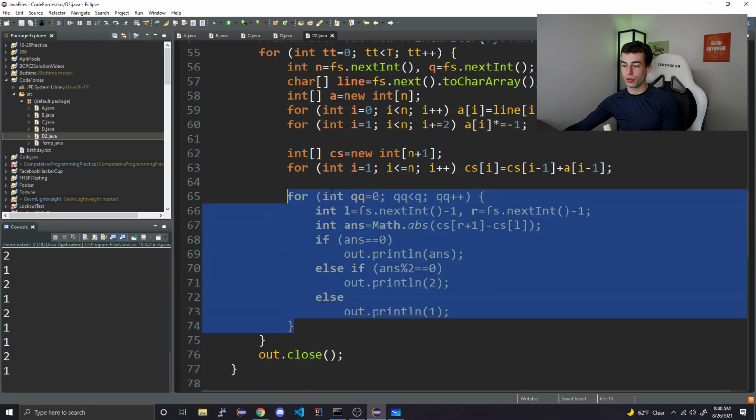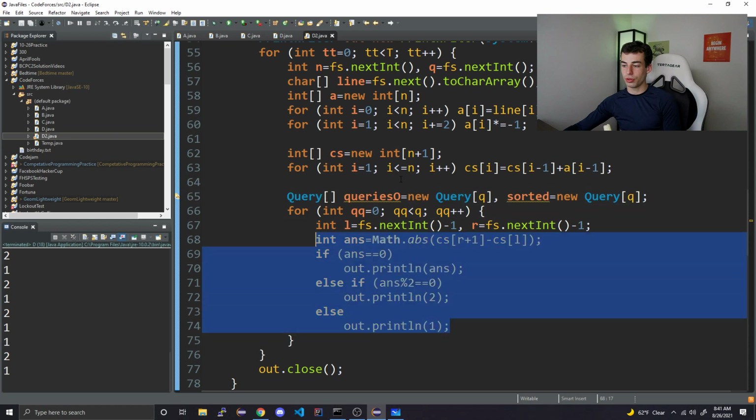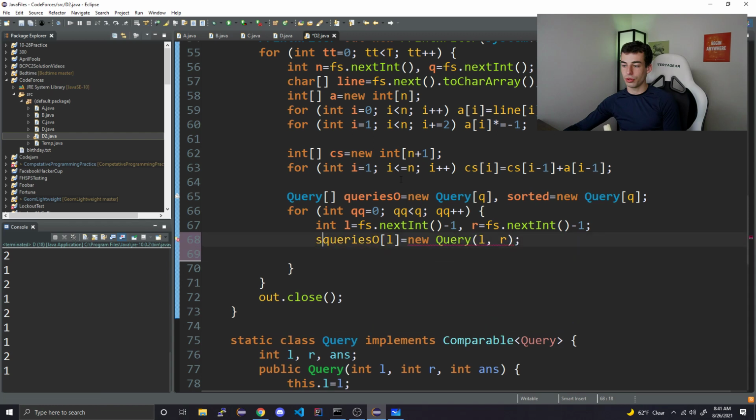So now we need a bunch of queries. And then sorted equals this.